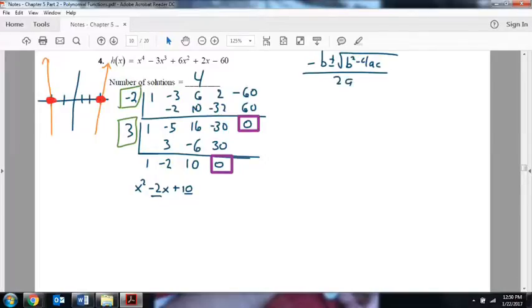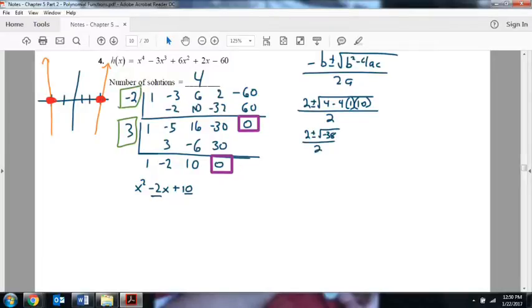Negative b, so negative 2 is a positive 2, plus or minus the square root of negative 2 squared is 4, minus 4 times a is 1, c is 10, all over 2 times 1, which is 2. So that's going to equal 2 plus or minus 4 minus 40, that's negative 36. So that's the square root of negative 36 divided by 2.